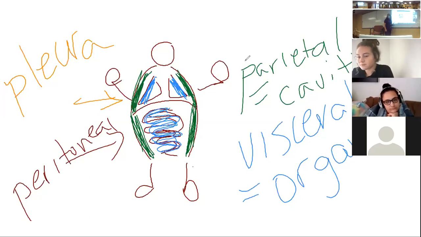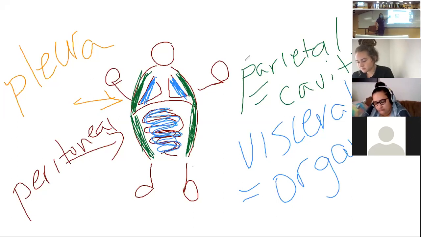If I am referring to the cavity of the abdomen, parietal peritoneum. And if I'm referring to the organ in the abdomen, visceral peritoneum. So this is telling me, is it on the cavity or on the organ? This is telling me which cavity I am referring to. So if I'm referring to the organ in the chest, the visceral pleura, visceral organ, pleura chest.